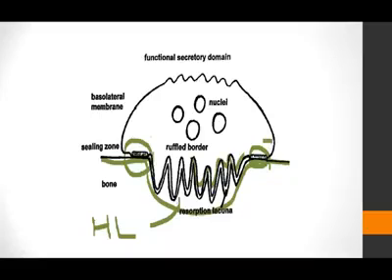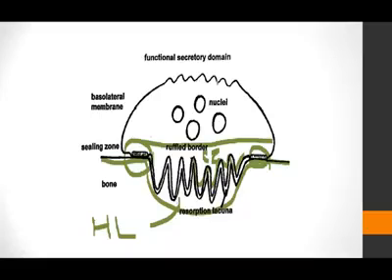So anything below this region basically is the clear zone, and I'm labeling it as CZ. This does not have any organelles. However, this part does have certain vesicles which are filled with acid phosphatases. All of the resorption is occurring at the ruffled border. Nothing is occurring at the functional secretory domain.